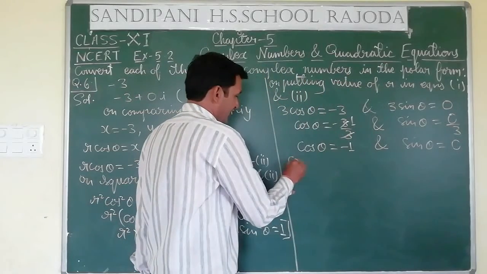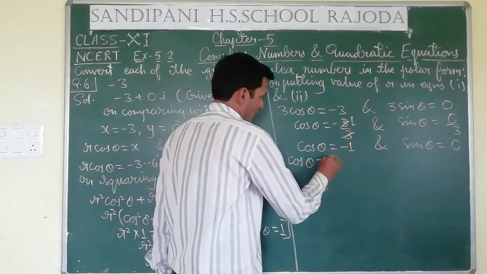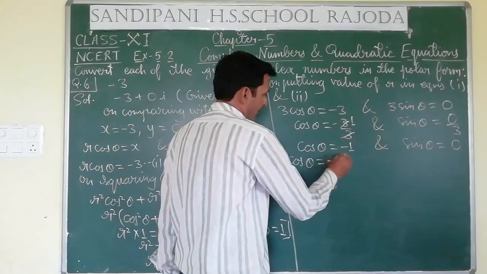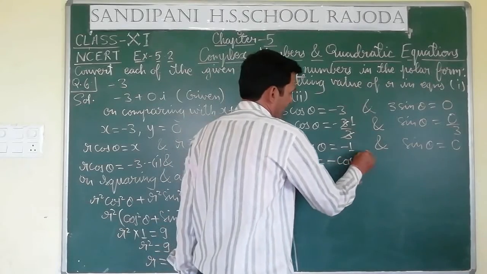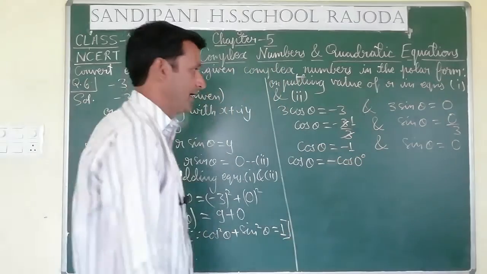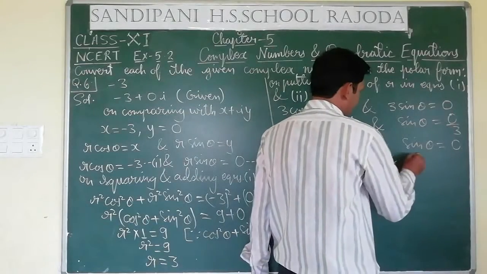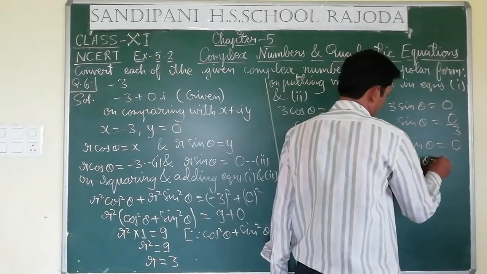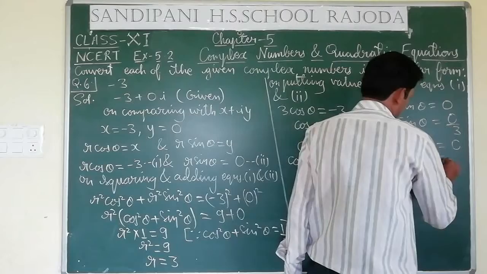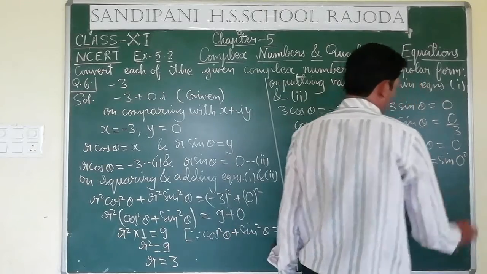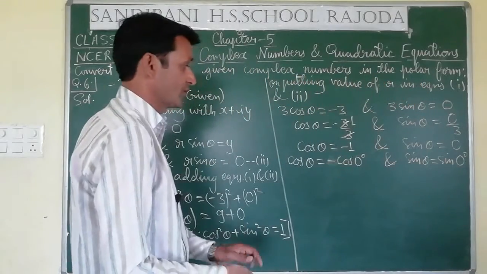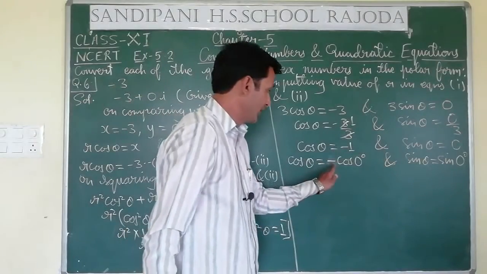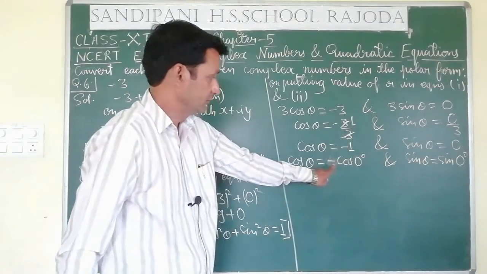So cos theta is equal to minus cos 0 degree. It is the value of cos 0 degree. And sin theta is equal to sin 0 degree. Here it is positive, but here it is negative. So what do we have to do? A negative sign is not allowed here.